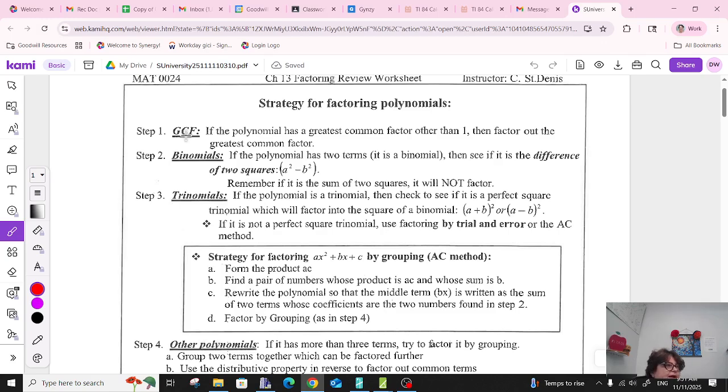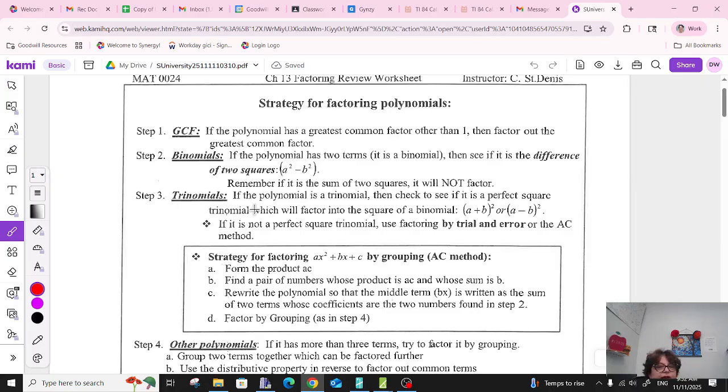So no matter what, we always look for a greatest common factor first. If it's a binomial, we're going to check to see if we can factor by using difference of two squares. Remember, there is no sum of two squares. It has to actually have a minus.